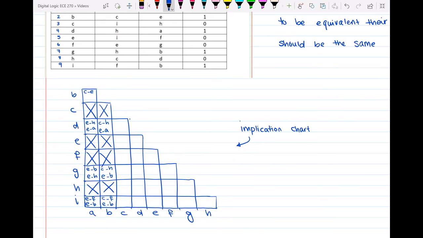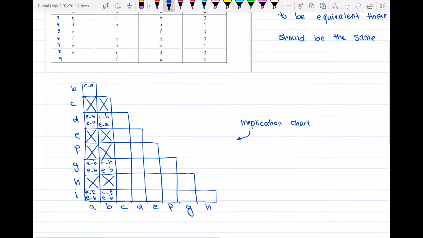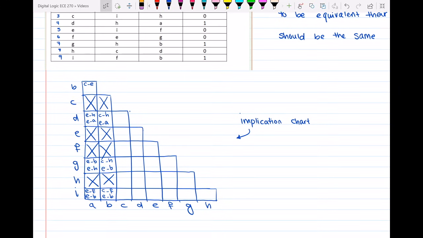All right, now we'll move on to the next one, which is comparing state C with other states. One by one. C and D cannot be compared. They have different outputs. C and E can be compared. So I and I, which are the same. So H, F is a condition for which C and E can be equivalent. Now C and F, they do have the same output.